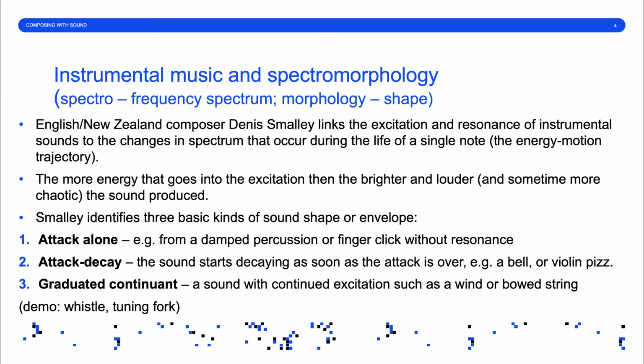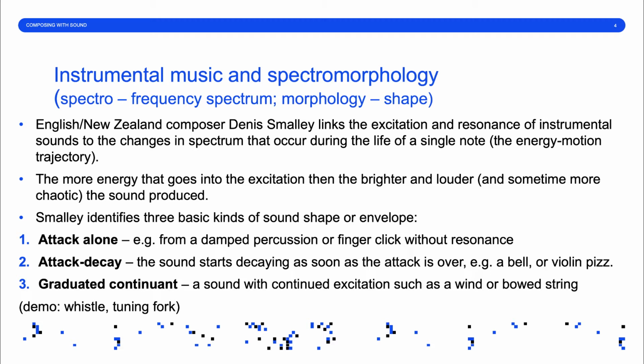Okay, so we've started to characterize the typical sound types that we get with musical instruments. And the English New Zealand composer Dennis Smalley introduced the concept of spectromorphology. So this is a rather fancy term, but we can break it down into its two component parts. Spectro stands for spectrum or frequency spectrum, and morphology is just a fancy word for shape.